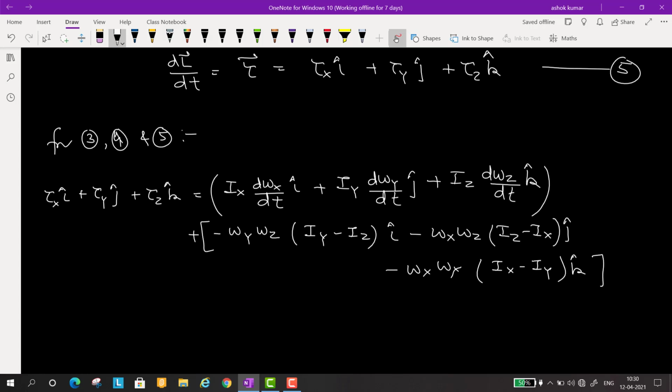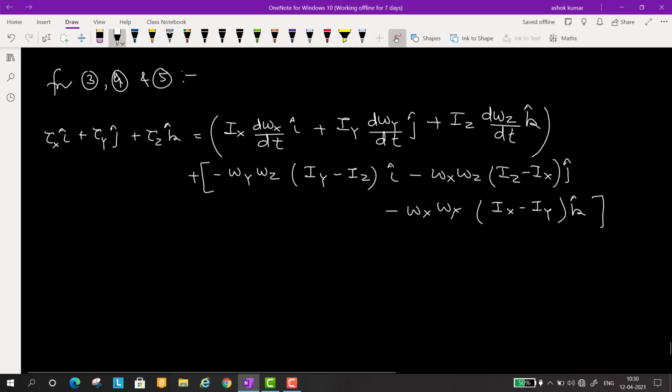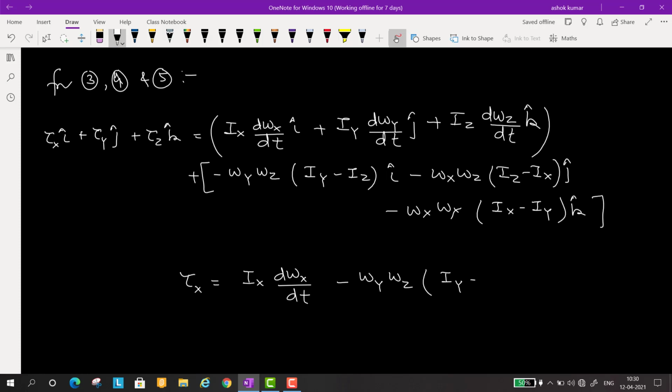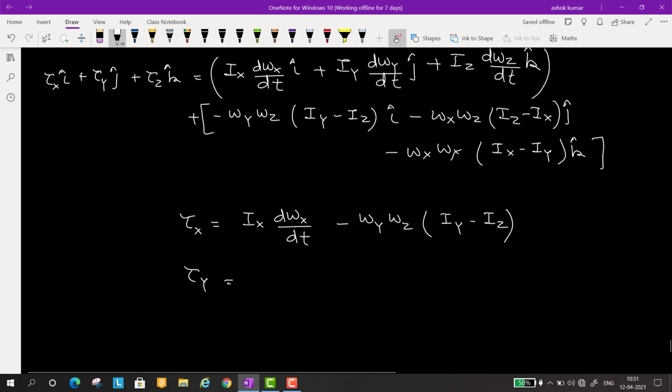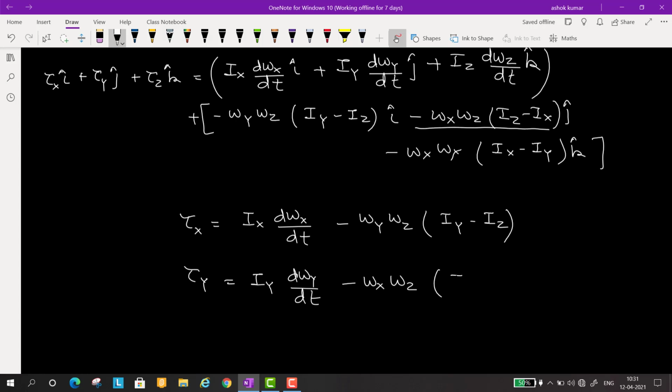So comparing the coefficients of i cap, we will get tau x equals Ix d omega x by dt minus omega y omega z (Iy minus Iz). Similarly, comparing the coefficient of j cap, it is tau y equals Iy d omega y by dt minus omega x omega z (Iz minus Ix).